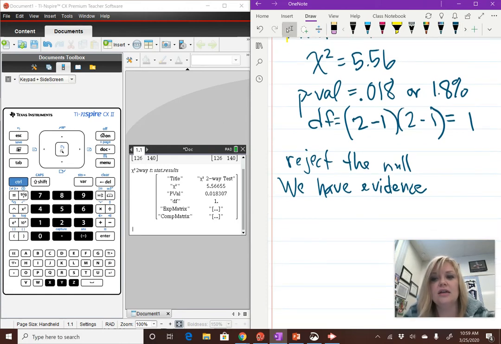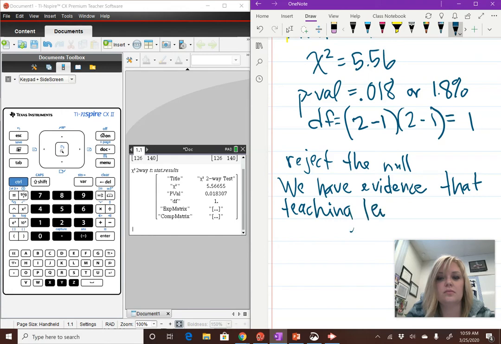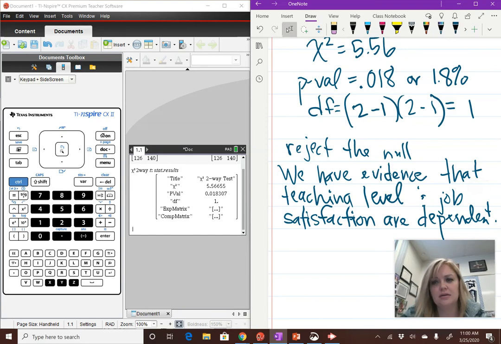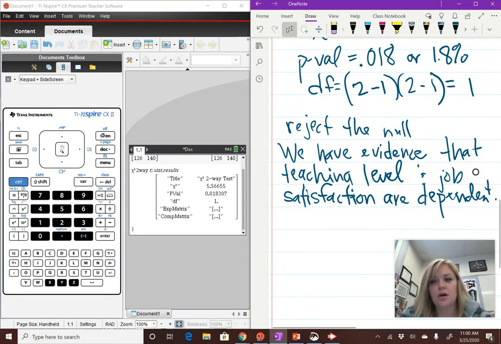And we have evidence here that teaching level and job satisfaction are dependent, which means teaching high schoolers affects whether you're satisfied with your job, or first graders, I guess, but no comment there. Okay.